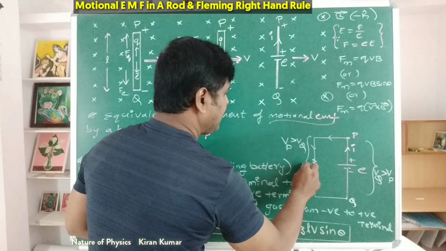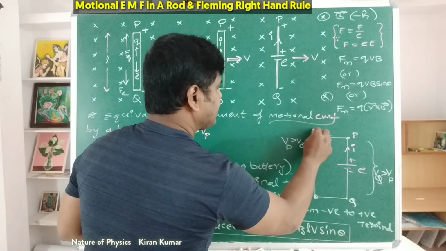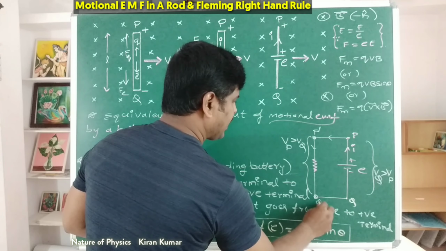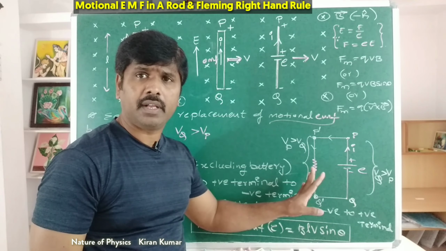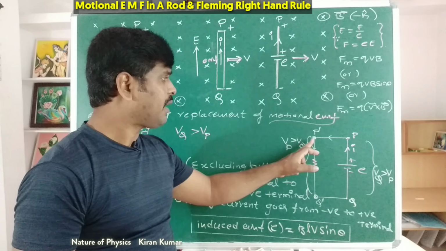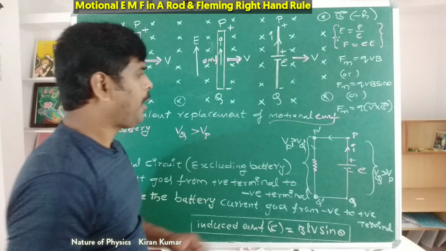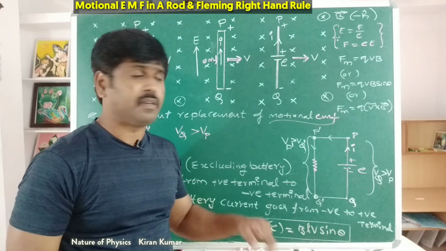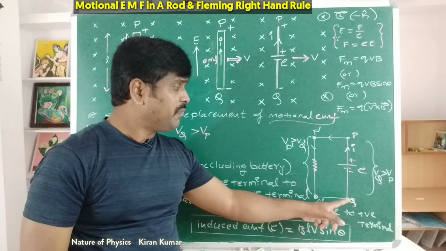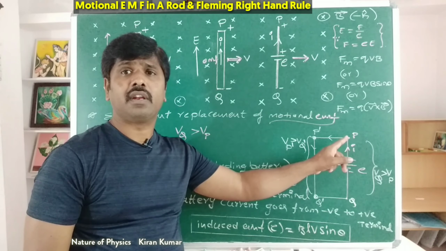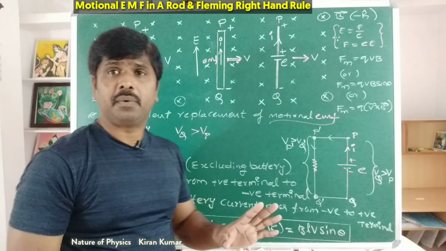So this completely represents the external circuit, and this is taken as P dash and this is taken as Q dash. See, the current direction is right only. But current flows from where to where? From the higher potential area to the lower potential area in the external circuit. But in the internal circuit, that is the battery, in which VQ is greater than VP.